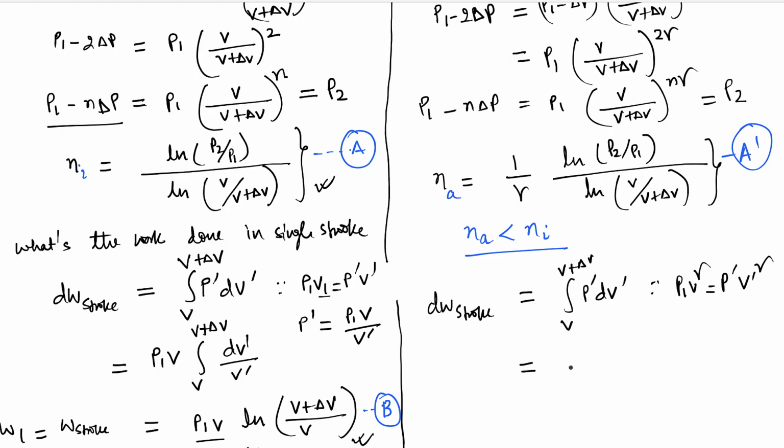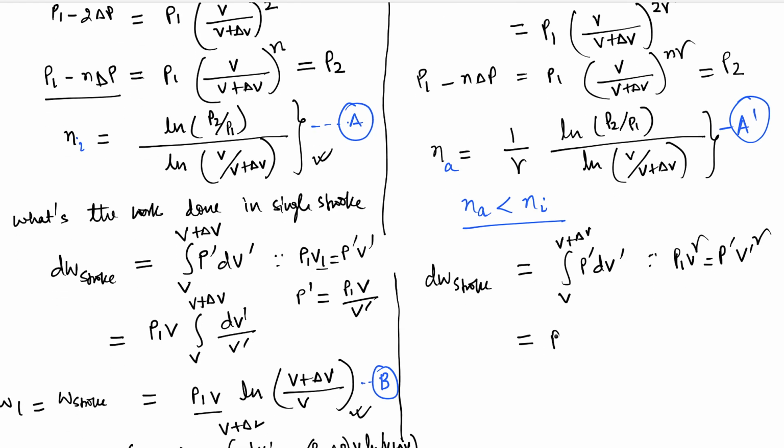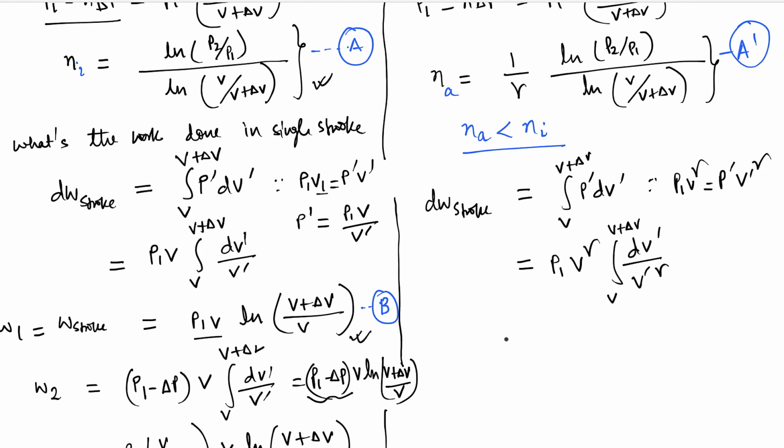So this we can write as P1 V^gamma times the integral of dV' / V'^gamma from V to V + delta V. Again, if we integrate it, for the first stroke we'll get P1 V^gamma, and this one will be V'^(1-gamma) / (1-gamma) from V to V + delta V.